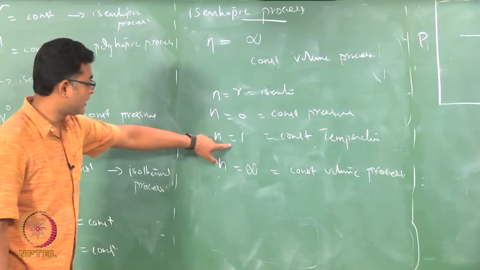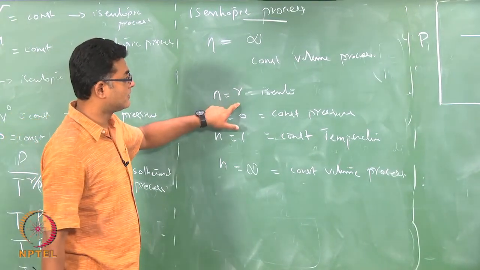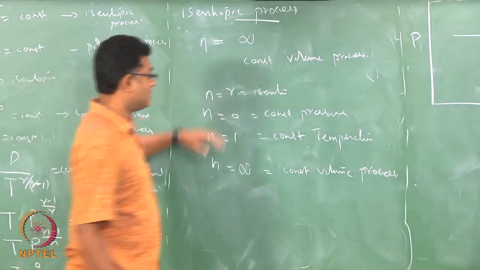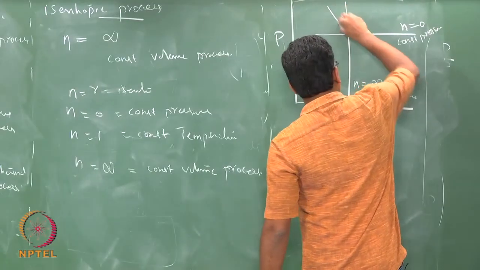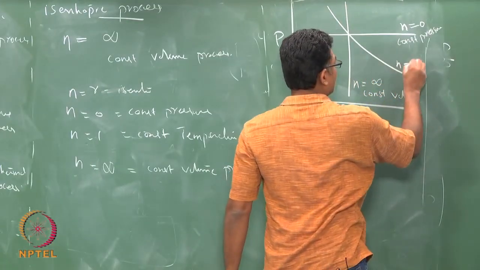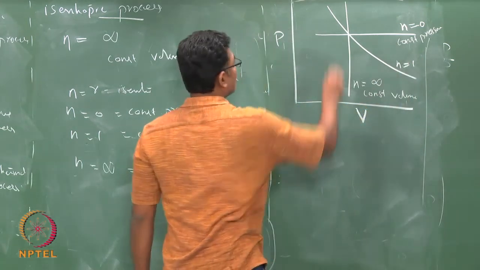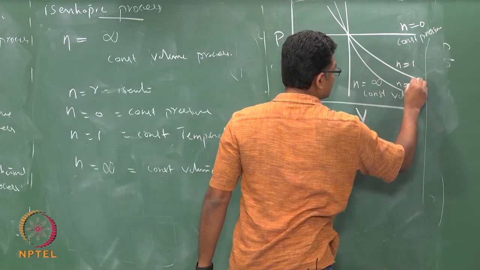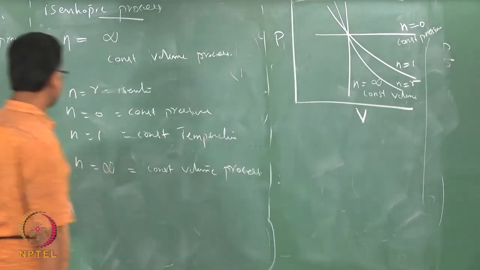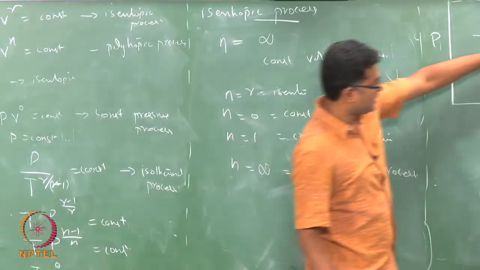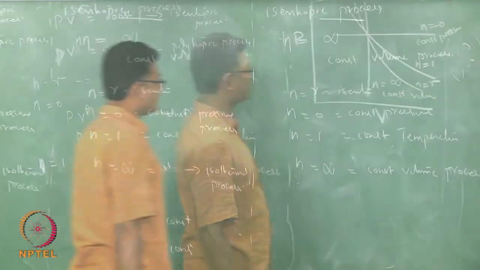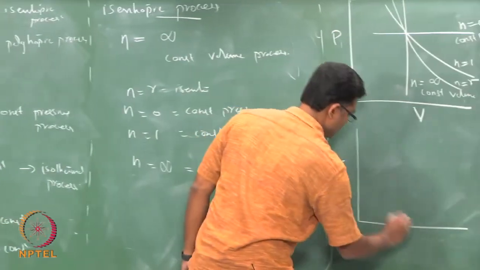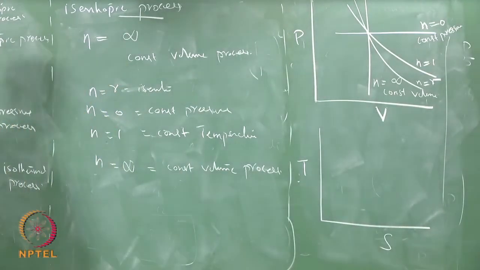Now you have n equals 1 and n equals 1.4 or 1.3 or whatever. So you have this n equals 1 and you have another process n equals gamma. n equals 1 is a constant temperature process and n equals gamma is your isentropic process. Now you can draw the same thing in a TS diagram.